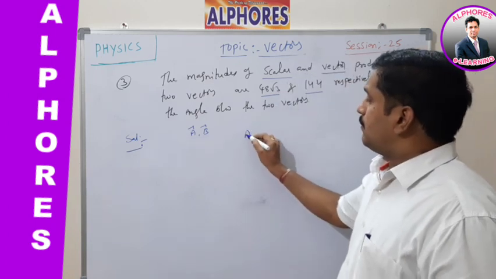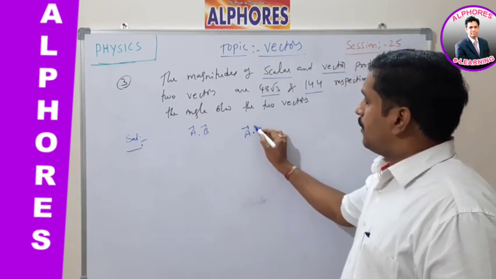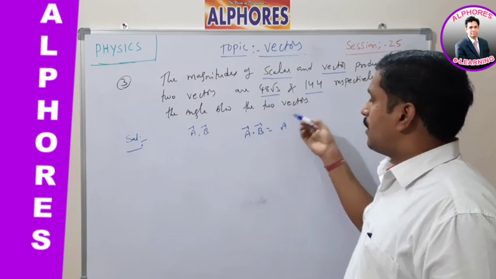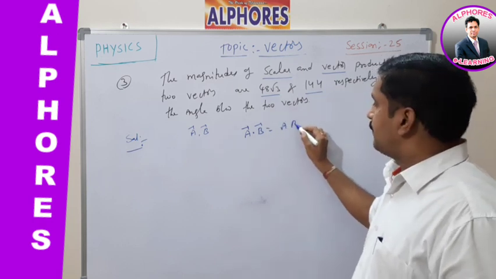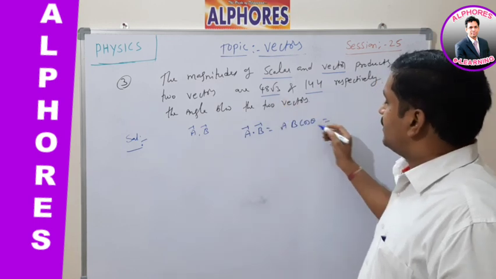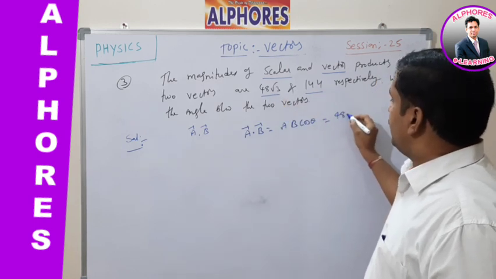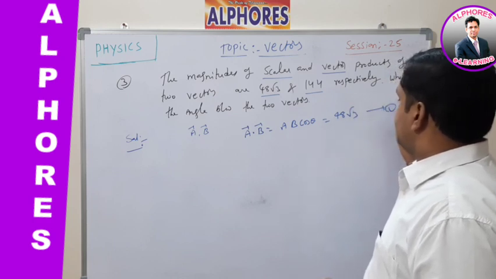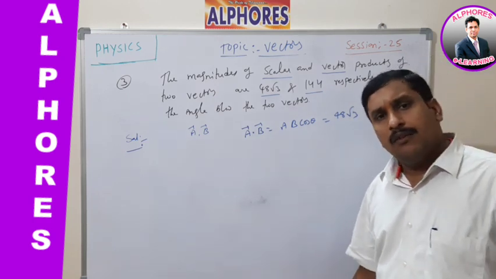Then what is the dot product of these two vectors? A bar dot B bar is equal to modulus of A bar and modulus of B bar, AB cos theta, as per the definition. That is equal to the dot product, the scalar part, 48√3. Equation number 1.